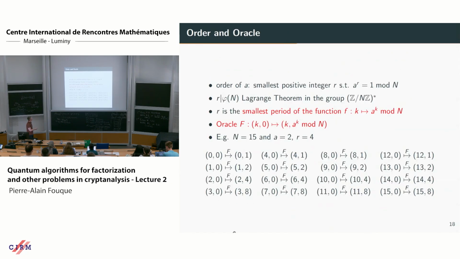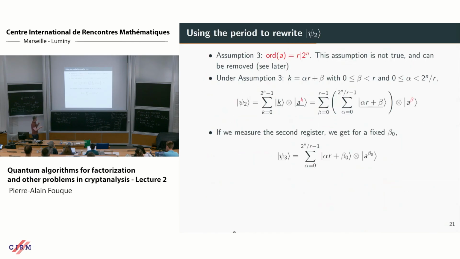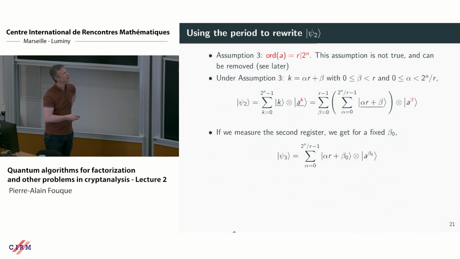You can see that for the output 1, I have 4 different inputs, and for the output 2, I also have 4 different inputs. If I measure the second register, it will collapse to some value, and the sum will disappear because I will select one of the R different beta, and at some point I have a sum of elements as we did this morning.